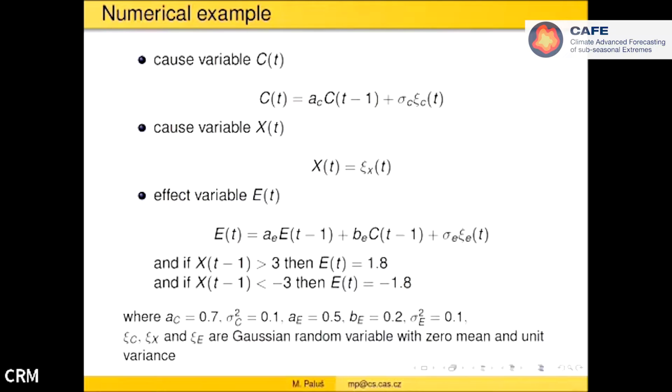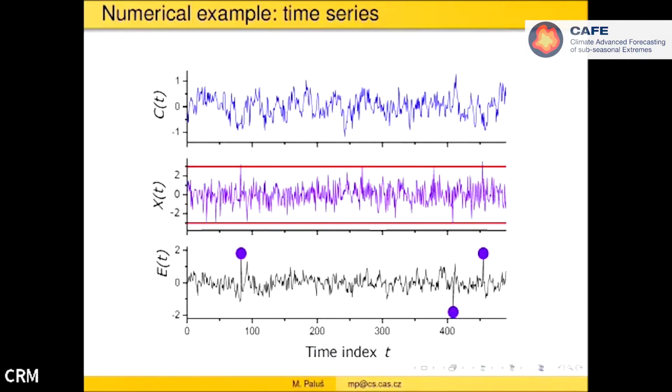This is again an AR1 process, but it is defined using its history, but also C. So this is the typical example of C Granger causes E. But in addition to this AR process, we put some influence from X. Anytime the X crosses 3 or -3, then the next value of E is set to 1.8 or -1.8. We will use this data as our examples.